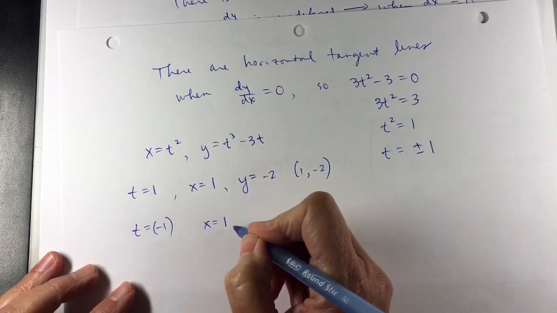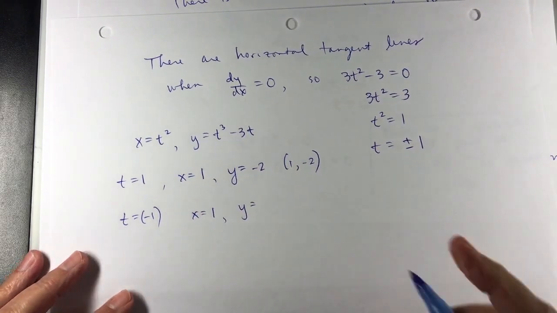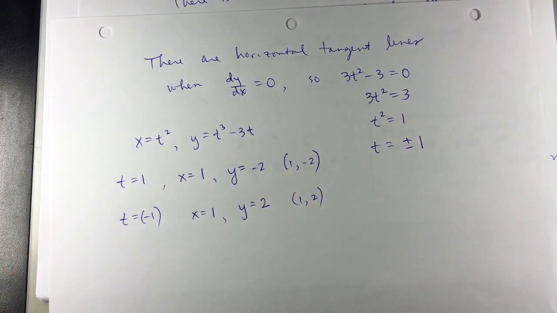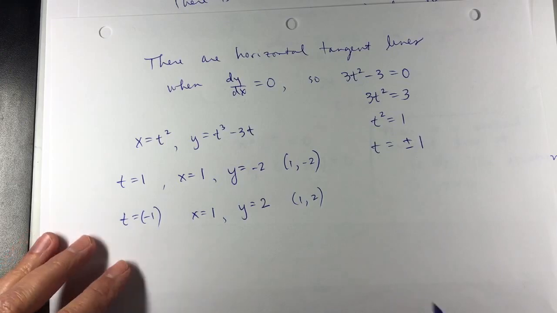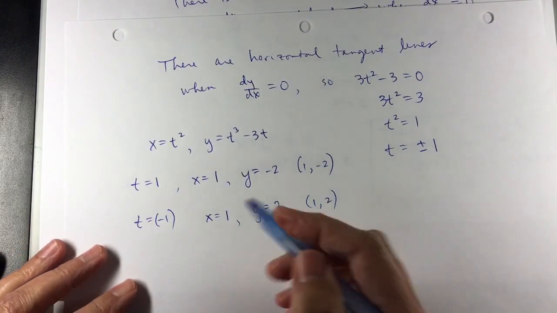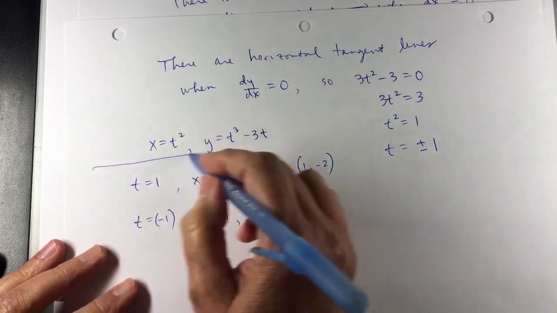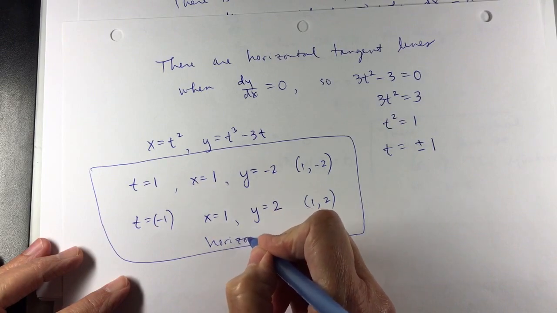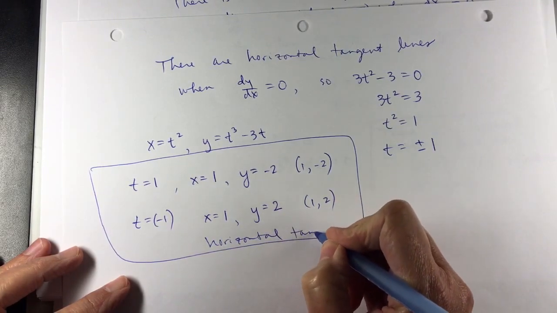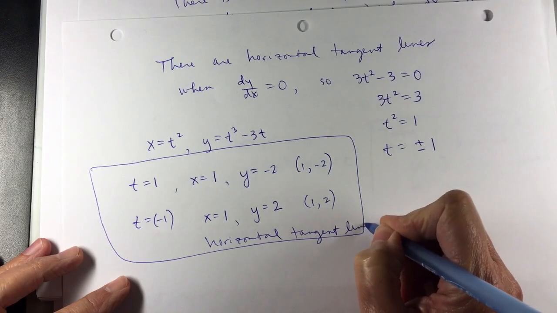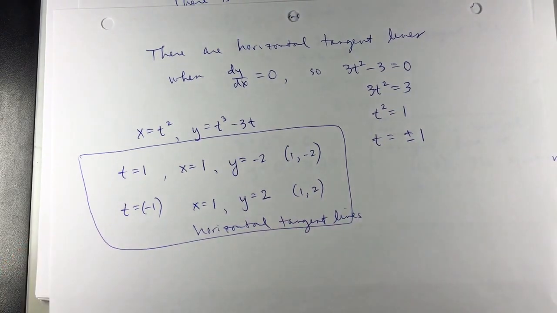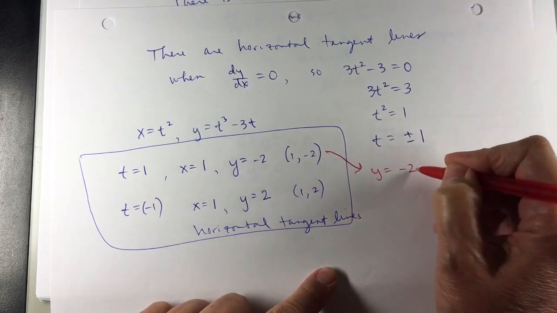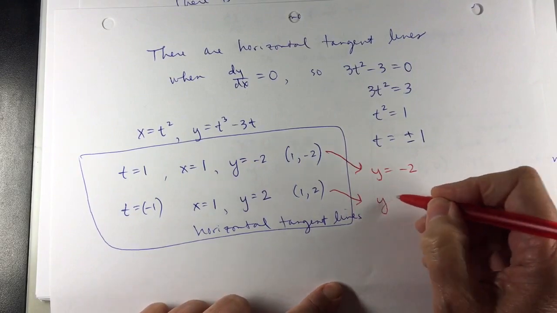Well, that's x equals 1. And what's y in that case? Positive 2. So at 1, 2, there are horizontal tangent lines. Here, I'm going to box this off and say horizontal tangent lines. What's the equation of a horizontal line? Y equals. So this one's going to be y equals negative 2, and this one would be y equals 2.